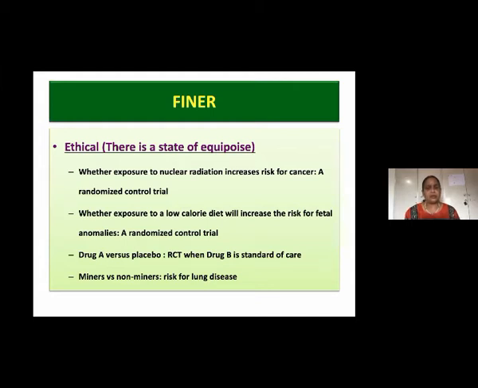We can add a mask for them to reduce their risk of lung disease. So that can be an intervention, and you can do a randomized controlled trial. So obviously the first 4 things are not ethical. In the last one, you can add a mask to miners to make it more ethical, to reduce the risk of lung disease.